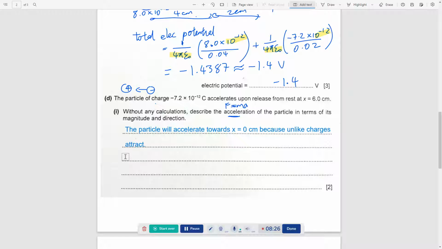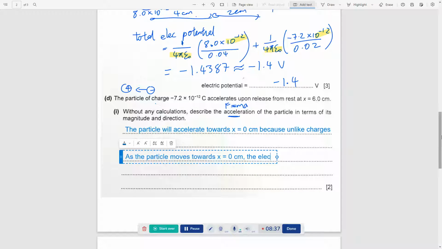So talking about the magnitude, what will happen is that as the particle moves towards x equals 0 cm, the electrical force of attraction increases, hence acceleration increases.